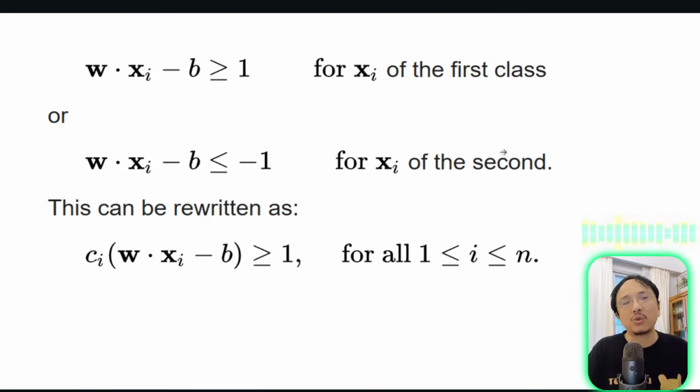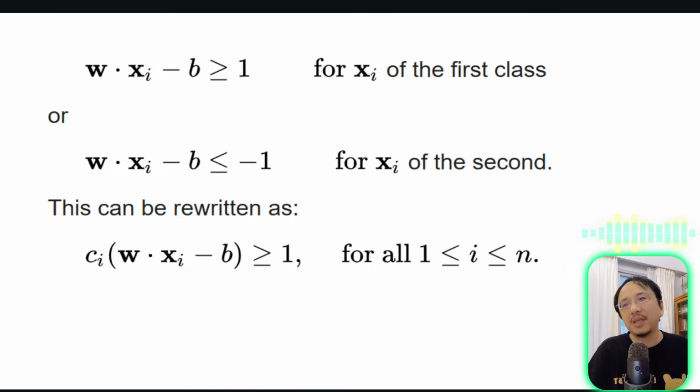However, by a simple trick, we can combine these two into one. Recall that we haven't used the y yet. We call this yi our ci, because c stands for the class, the first class or second class, since we are only considering binary classification.